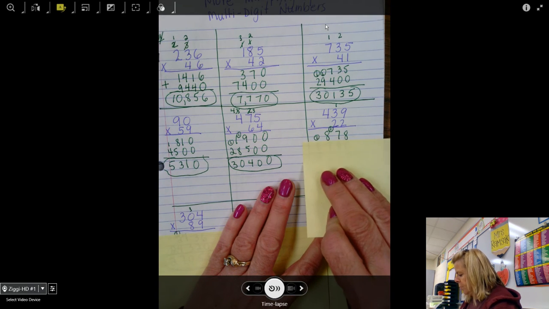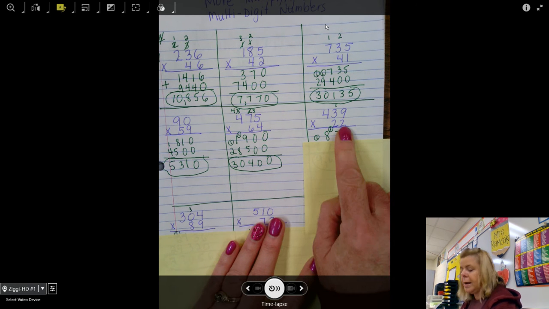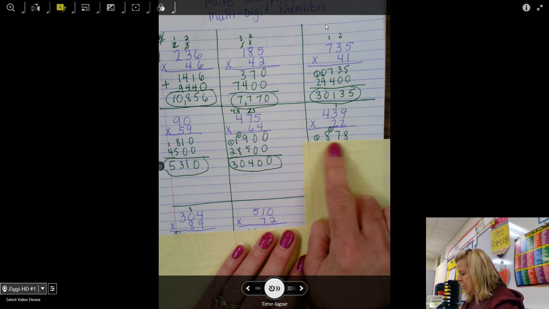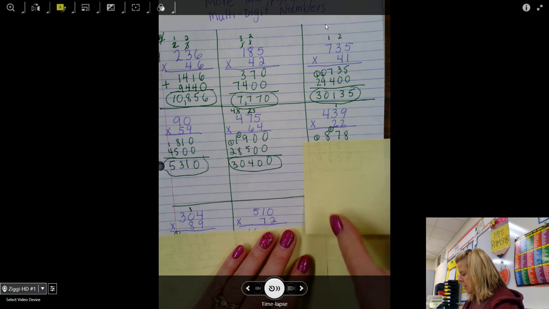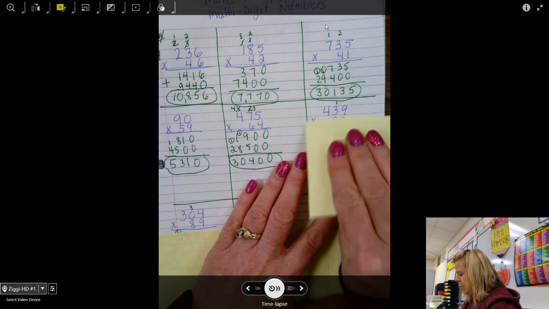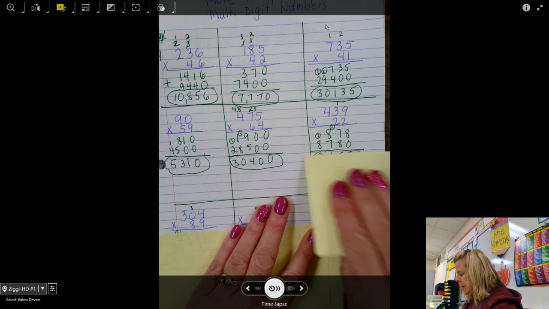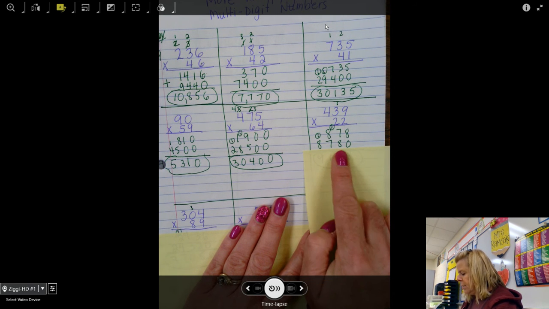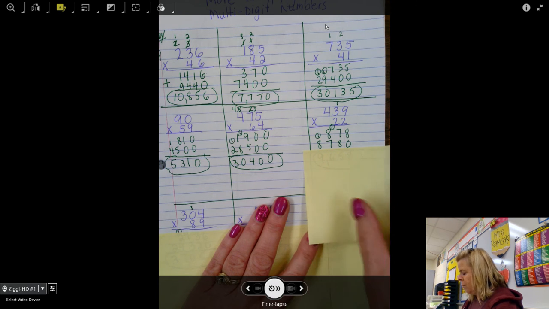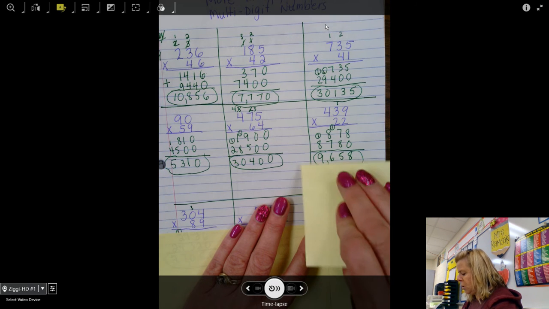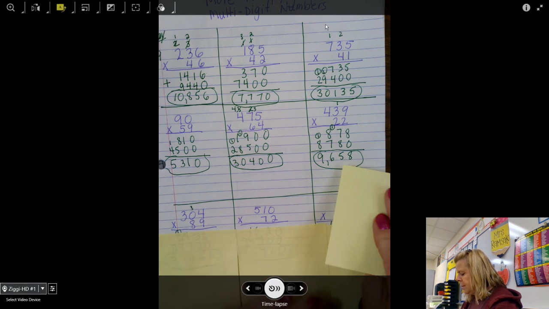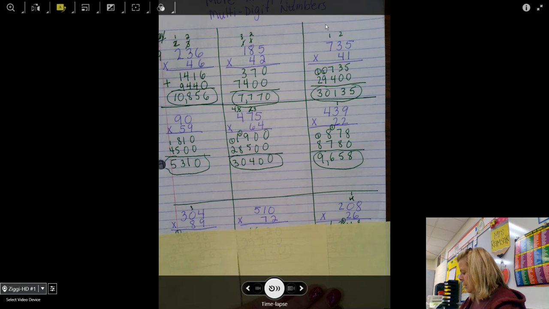So, first partial product, 439 times 2 is 878. Then when I do 439 times 20, it's 8,780, with my final answer that I've circled, 9,658.